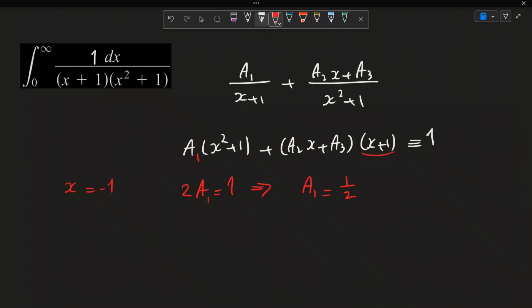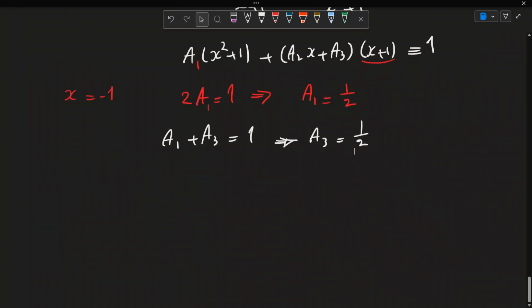For the other two, a2 and a3, I can consider, for example, the constant part. The constant part for the left-hand side, here we have a1 and another a3 here. Right-hand side, the constant part is 1. So we can see that a1 is 1/2 and the sum of a1 and a3 is 1. And it says that a3 also is 1/2.